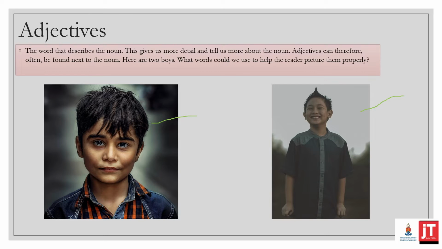And that's why adjectives are so important, because adjectives can help us distinguish in our minds between the two different characters. And it doesn't have to be physical attributes that we describe. I'm simply using physical attributes because we are looking at pictures right now. But if you wanted to have a well-rounded character, you could really go into detail about what makes them tick, what makes them unique individuals.